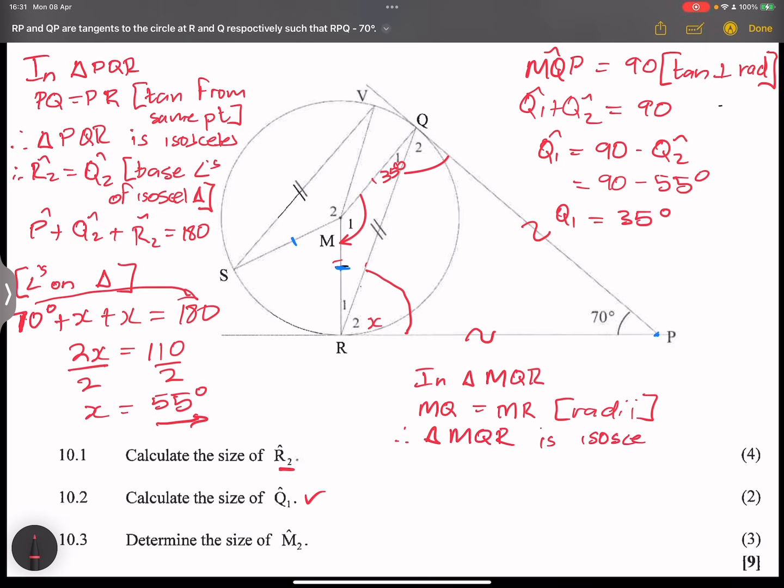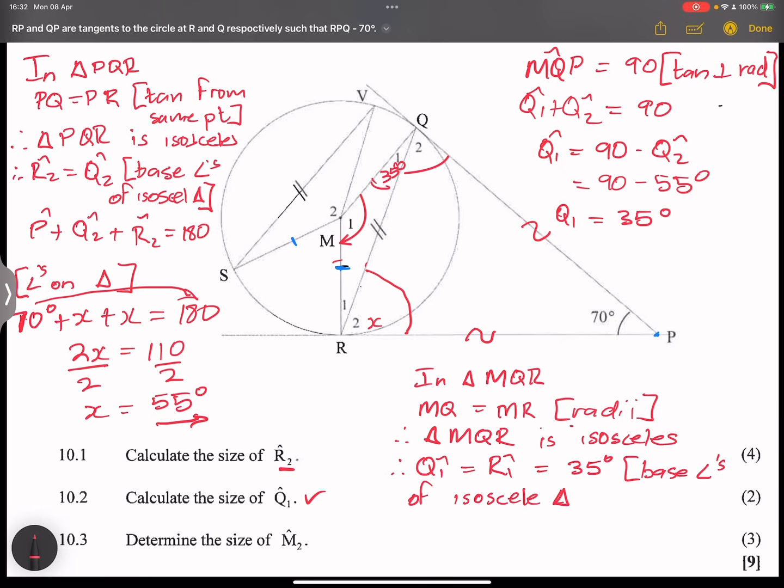I hope you guys are beginning to appreciate how these isosceles triangles play a role in how you solve Euclidean geometry. So in this case, it means angle Q1 is equal to R1, which is equal to 35 degrees. And why is that? These are base angles of an isosceles triangle.